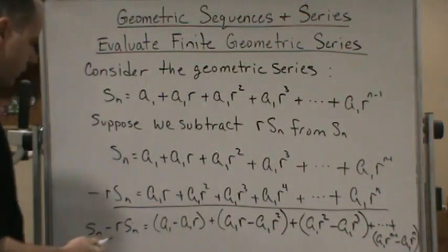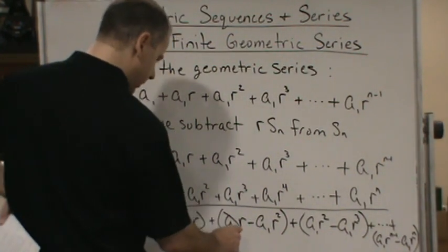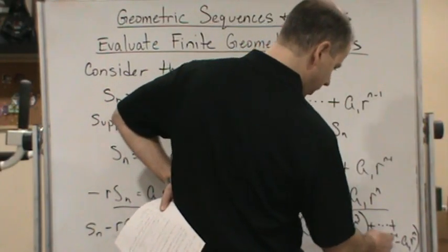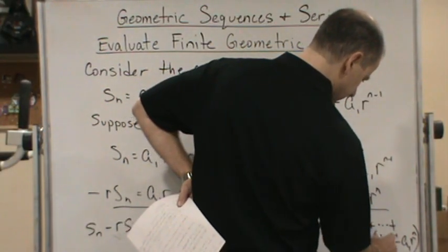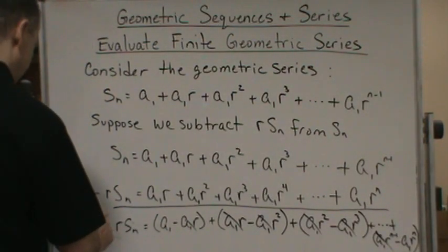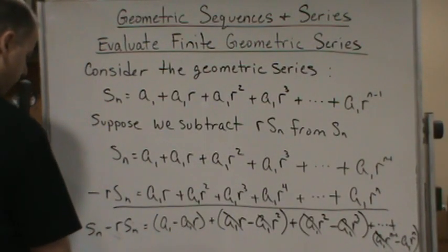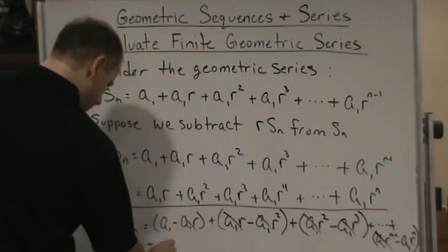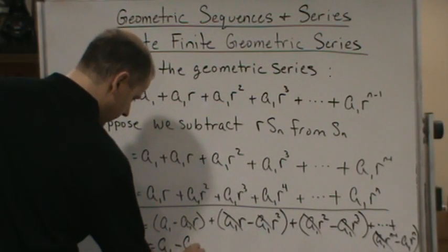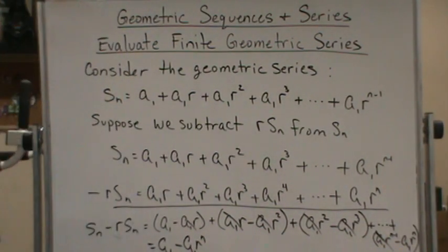So all of the middle terms cancel out, all the way down to the second to last term. And what we get is S of n minus r S of n is equal to a1 minus a1 times r to the nth power.